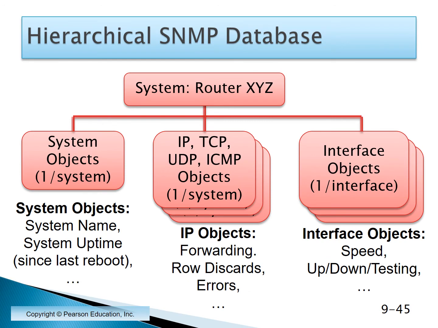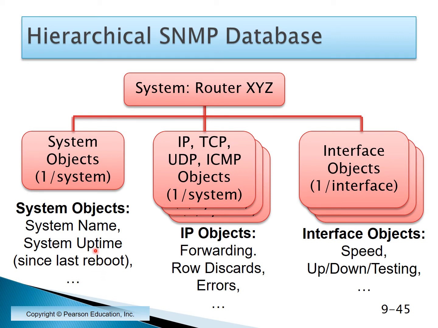For example, you have a router XYZ. The router is not called an object, it's called a system. And for this system, you have different objects. You have system objects, which are one per system. So you have a system name, system uptime since last reboot, and so on.